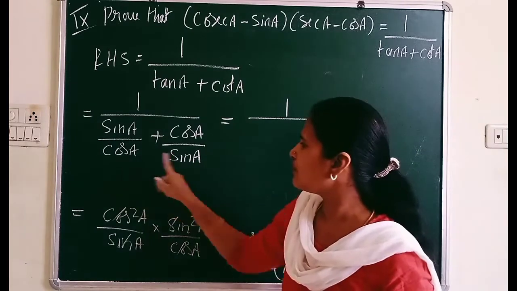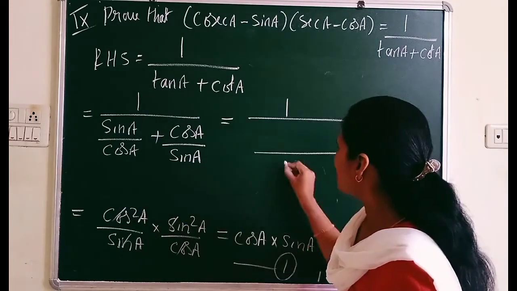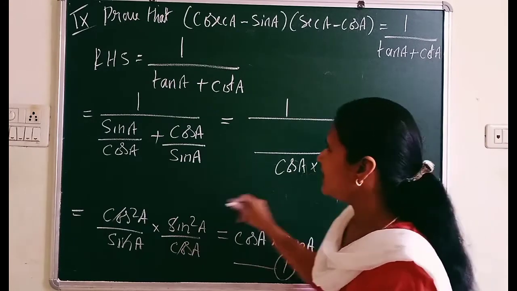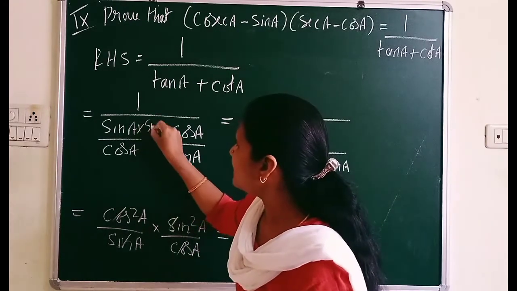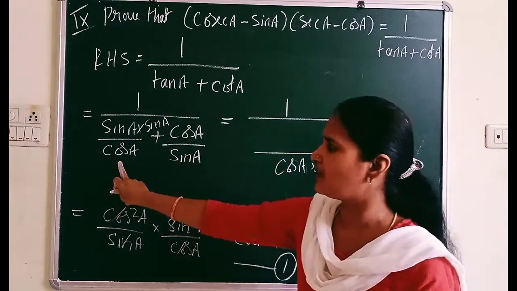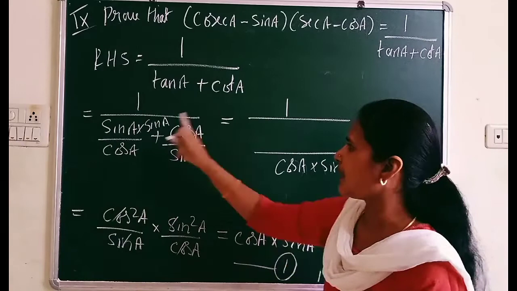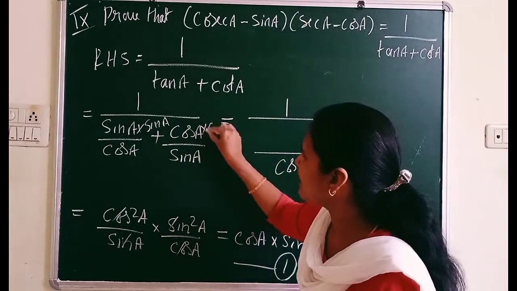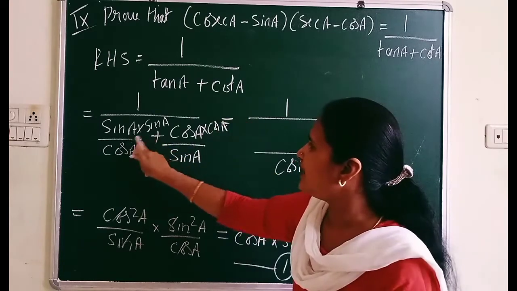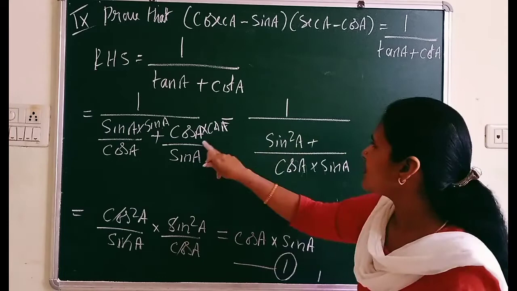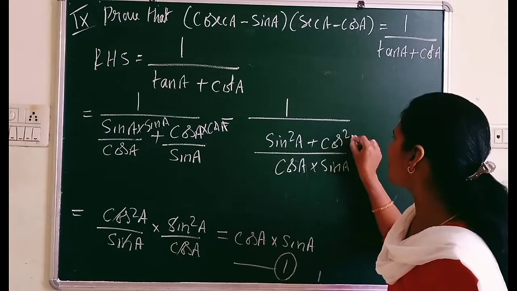What is the LCM of cos and sin? It is cos A into sin A. Here you have only cos A, so multiply by sin A. And here you have sin A, so multiply by cos A. So sin A into sin A becomes sin square A, cos A into cos A becomes cos square A.